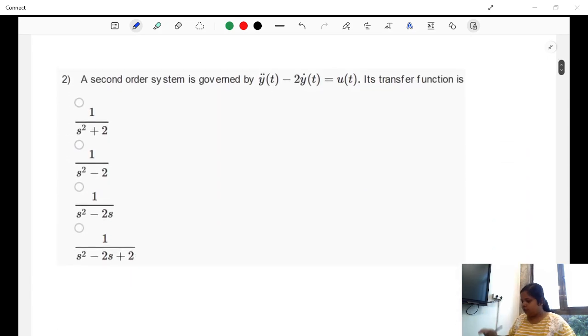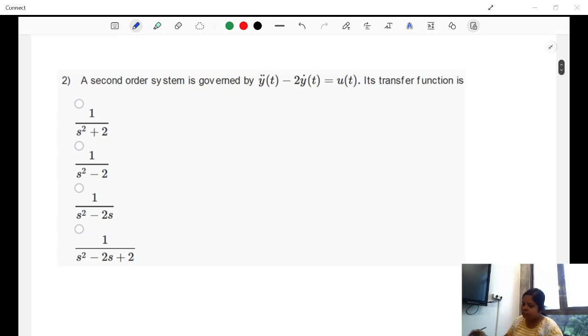Okay. So we'll move to the second question. A second order system is governed by, this is a second order differential equation. So its transfer function is. Now can all of you derive the transfer function of the system?